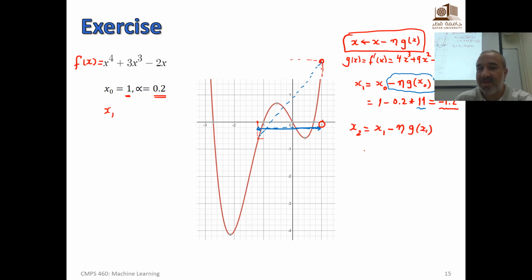Very good. What is the gradient at x1? x1 was minus 1.2, right? Minus 0.2 times what is the gradient at x1? 4.048. Okay, so let's assume that it is correct. Then can someone tell us what will be x2?